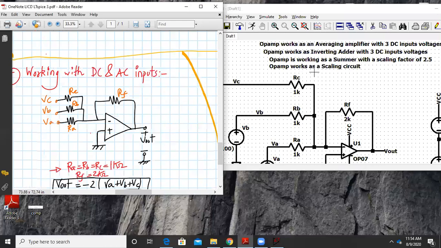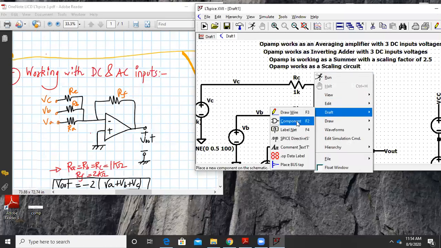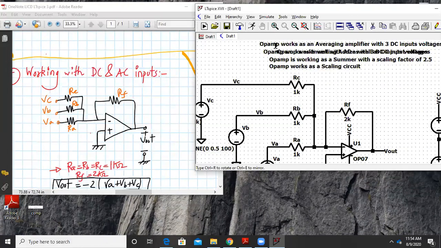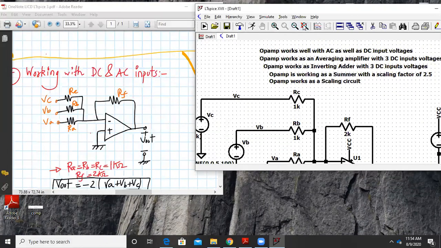So again the op-amp is working very well with AC and DC. We can write over here: right click, draft, go to comment. Op-amp works well with AC as well as DC input voltages. That's the comment which we can write over here at the top, because we have verified all these things.